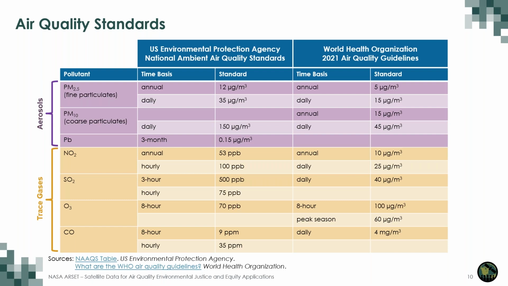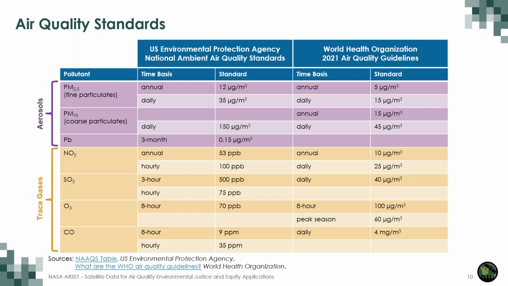Air quality standards are based on different concentration levels assessed for different time periods, depending on the relative effects of exposure to different pollutants over different timescales. For example, the US EPA National Ambient Air Quality Standards, or the NAAQS, establish both an annual average limit for PM2.5 of 12 micrograms per cubic meter, averaged over 3 years, as well as a daily average standard of 35 micrograms per cubic meter, representing the 98th percentile of days over 3 years.